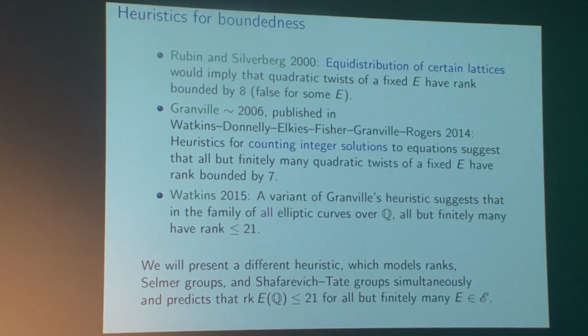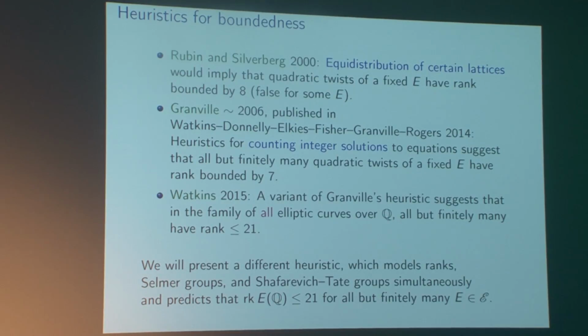And some naive heuristics for that are based on things like the probability that an integer is 0 being roughly 1 over the size of that integer. But heuristics like that would predict that in a family of quadratic twists, you'd only have finitely many of rank greater than 7.